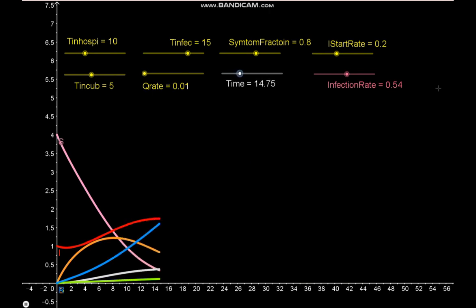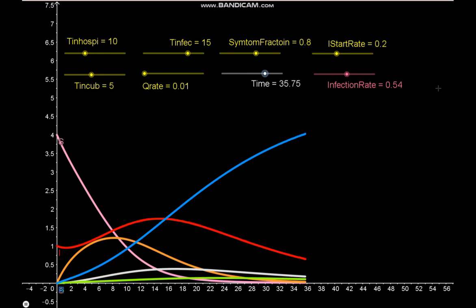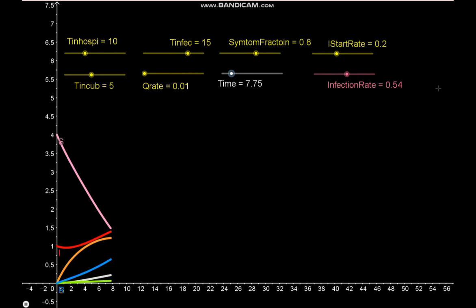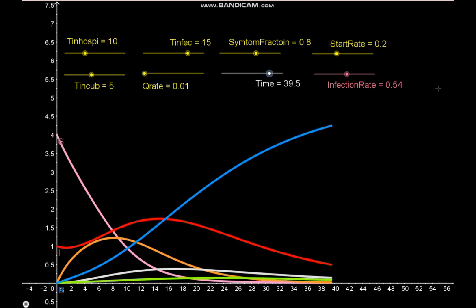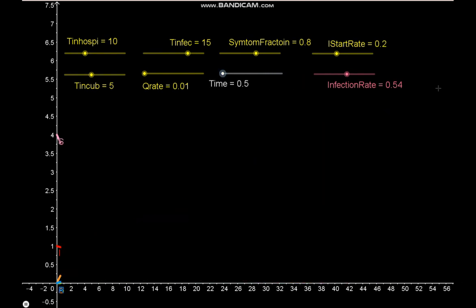In this graph, the pink line represents the susceptible, the red line represents the infected, and the blue line represents the recovered. The orange line represents the exposed, the green line represents the hospitalized, and the gray line represents the asymptomatic patients.